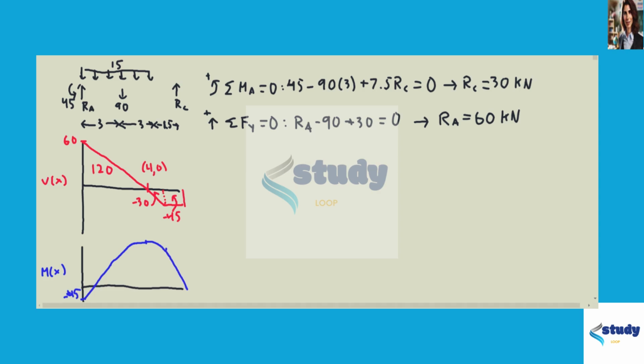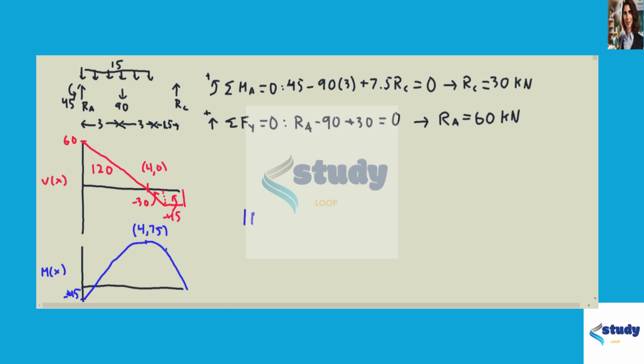Okay, so the maximum of our parabola is going to be at 4 and 75. All right, we started off at minus 45 and increased by 120. Okay, so the maximum bending moment is going to be 75 here when we got to the point where our shear reached 0.